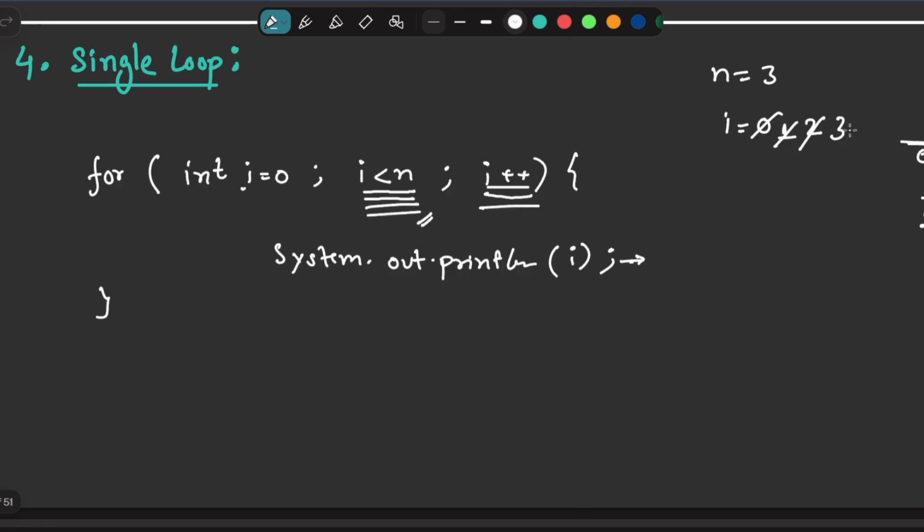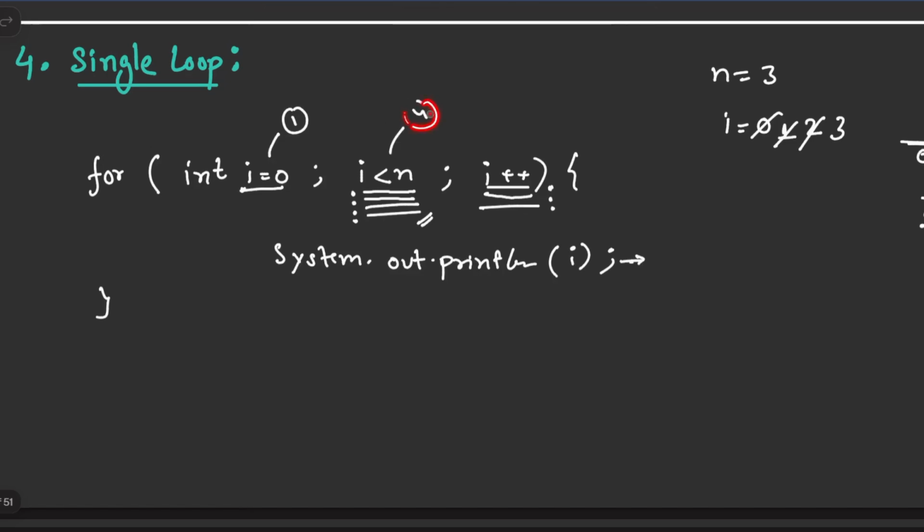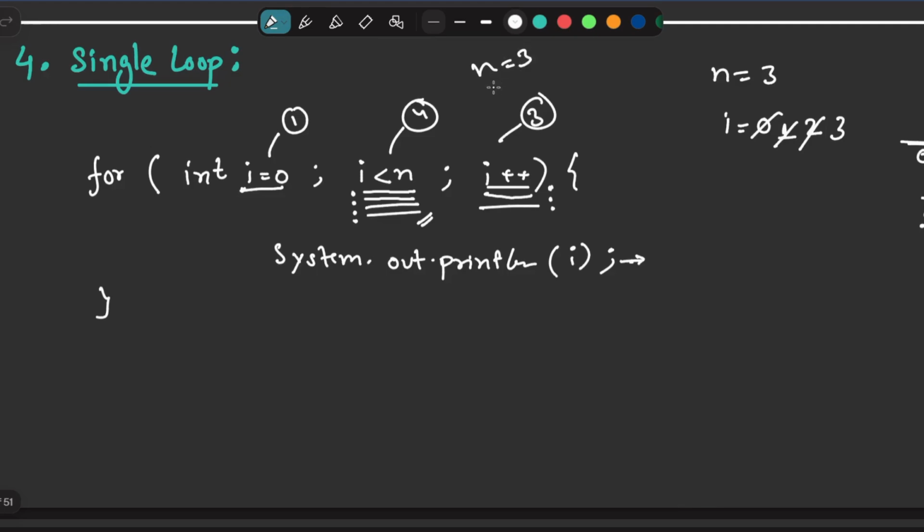So what did we get here? This comparison ran 4 times, this increment ran 3 times, and this initialization ran once. So we can write it as: this ran 1 time, this ran 4 times, and this ran 3 times when n was 3.